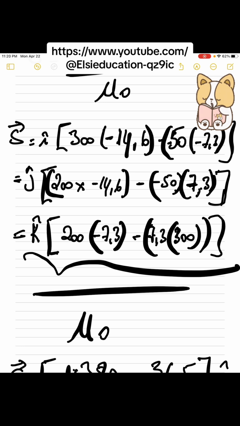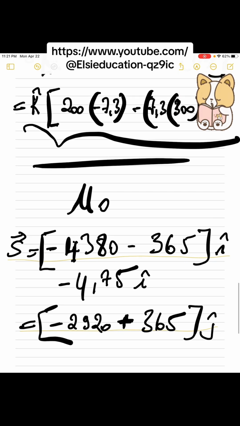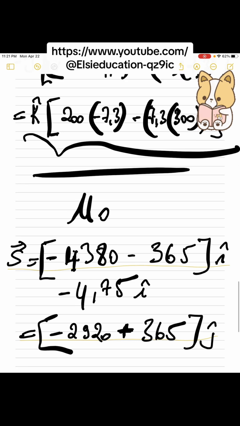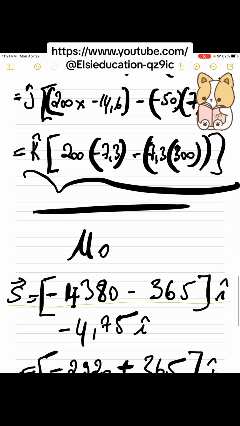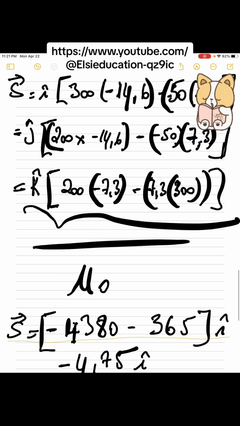Minus 57.3. Okay. Give us minus 4.6. Okay, so 200 multiplied by 14.6.